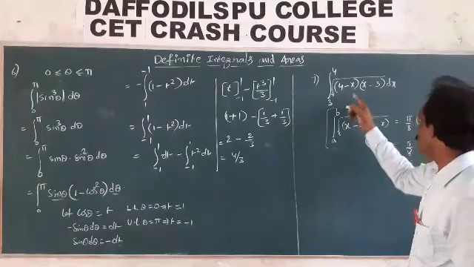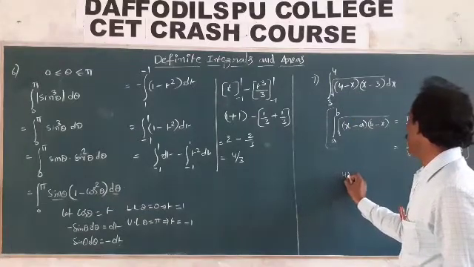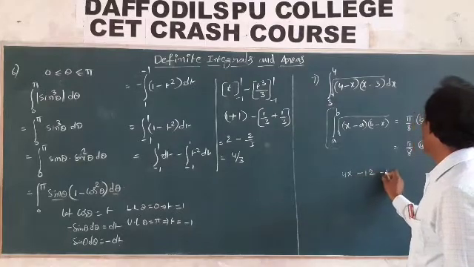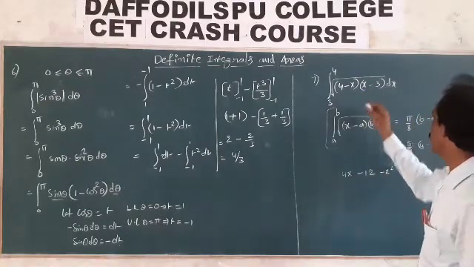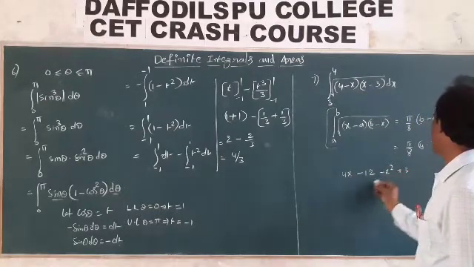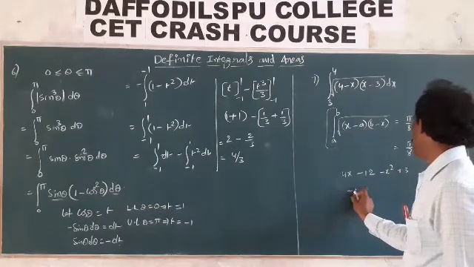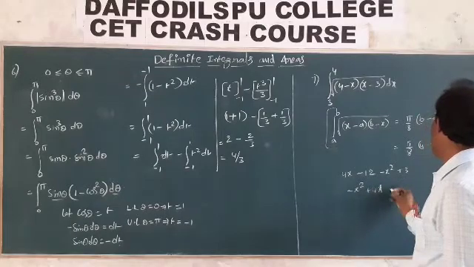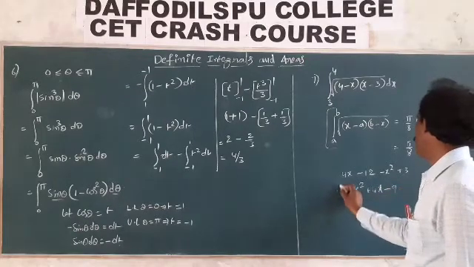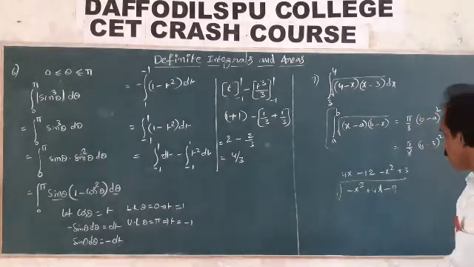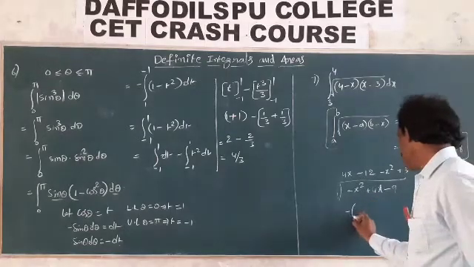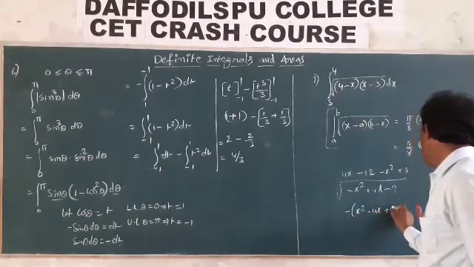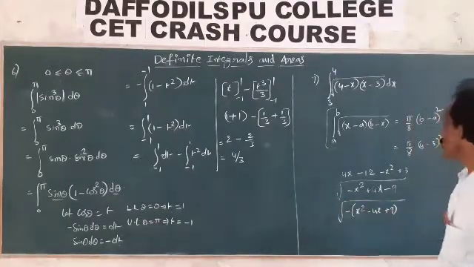Expanding: 4x minus 12 minus x square plus 3x, therefore minus x square plus 4x minus 9 under the square root. Take minus common: x square minus 4x plus 9 under the square root.